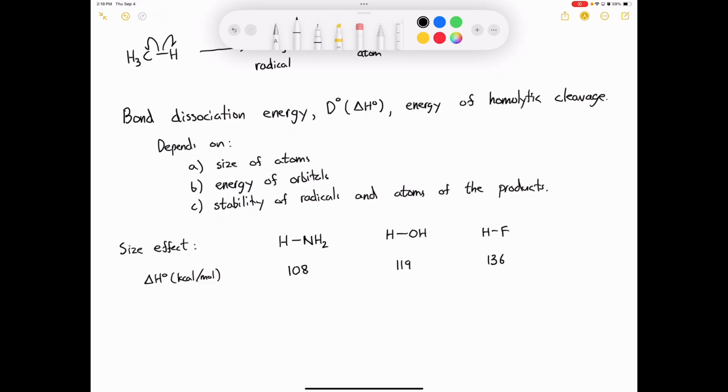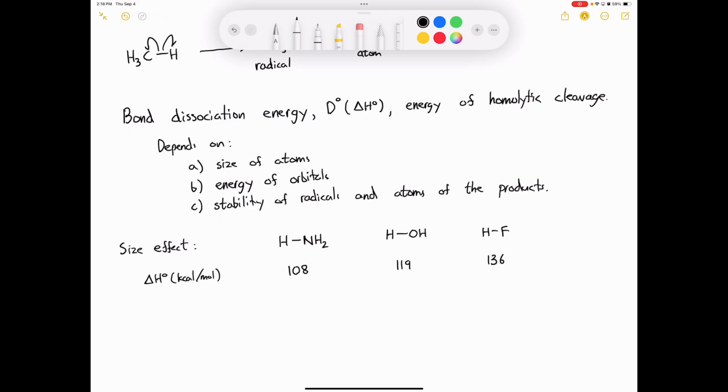So the trend here is that the smaller the atoms, the more overlap the orbitals have when they form a bond. That's why it's stronger. And the larger the atom is, the weaker the bond. You can think of this as the bond being longer if the orbitals involved with hydrogen are larger.